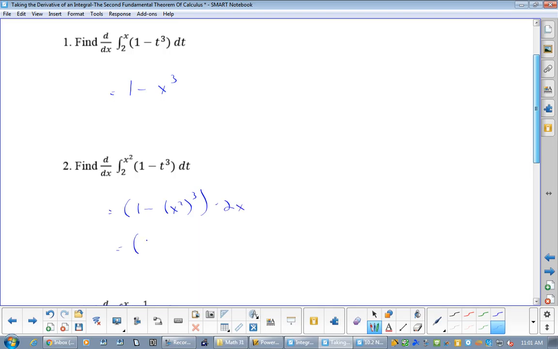So this would equal 1 minus x to the 6th times 2x. Yeah, I get it, we could put it in the front, but I want you to see, put it in and always multiply at the end by the derivative of that upper limit, okay?